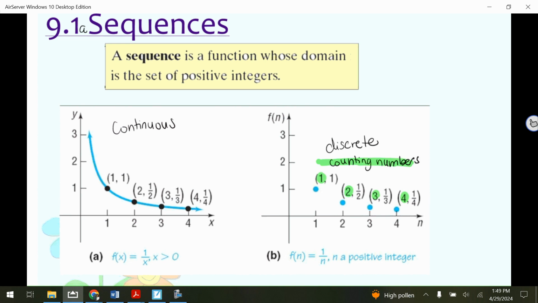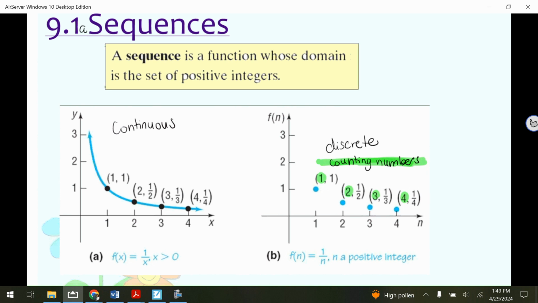So you have this sequence or pattern of numbers, and the x, which actually is the n in this case because we're talking discrete, the x or the domain value is just the counting numbers. And then the y, which is f of n, is going to be the number in the sequence. So the first number in the sequence is 1.